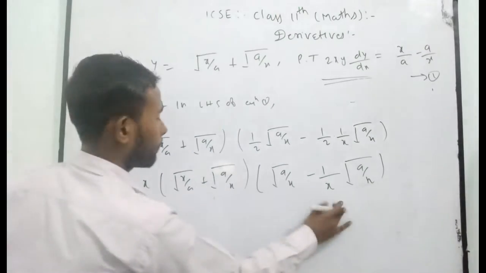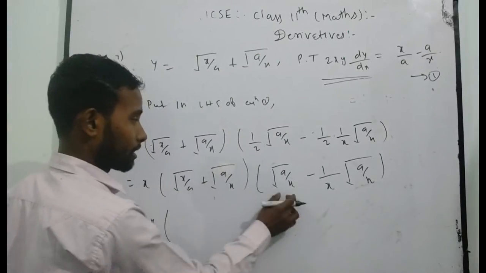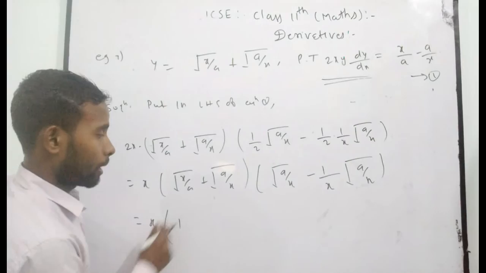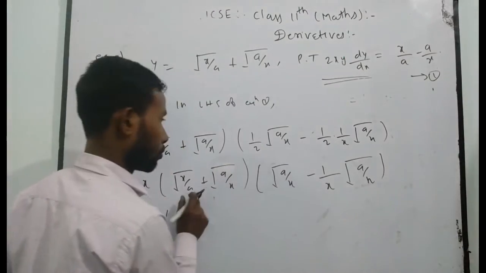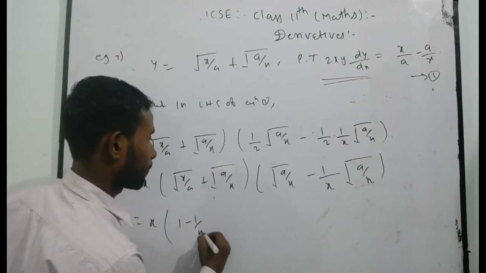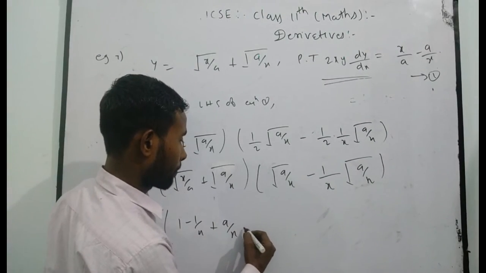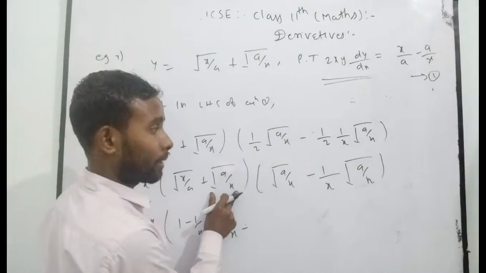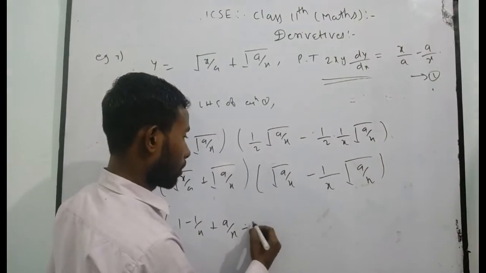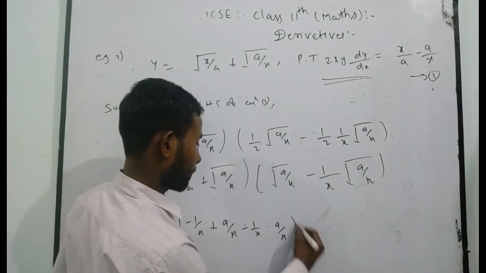If you multiply, what will you get? X times. If you multiply by this term, you get 1. If you multiply by this term in this expression, root a cancels, root x cancels, you get 1 upon x. If you multiply by this term, you get 2a upon x minus. If you multiply by this term, what will you get? 1 upon x into a by x.